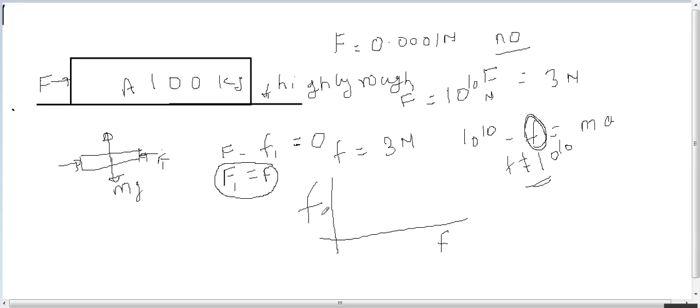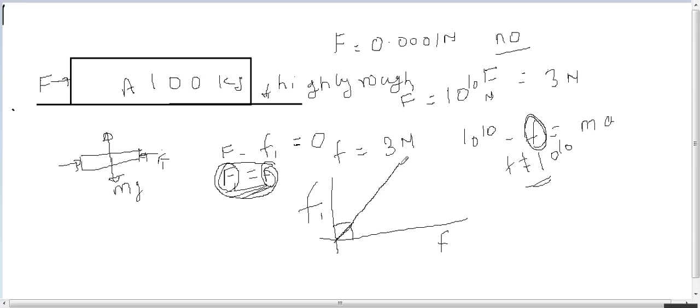Initially, if there is no applied force, what should the friction be? 0. And up to some force, friction equals the applied force. This is the equation of a straight line, and the angle will be 45 degrees.